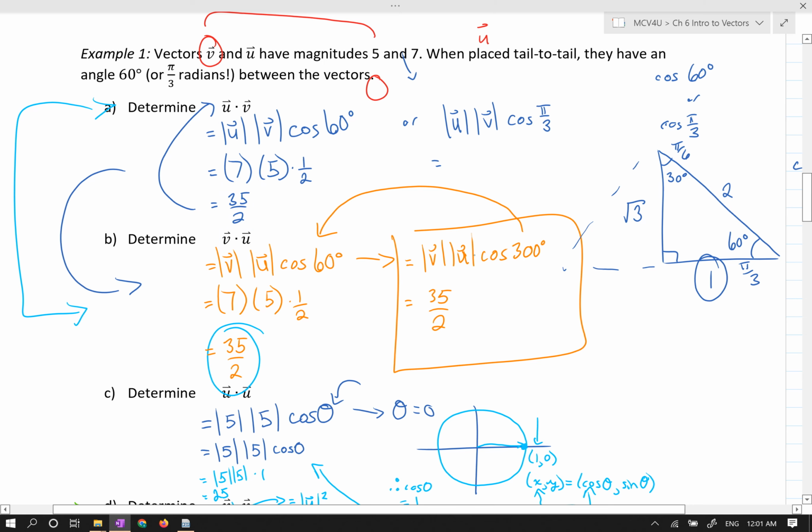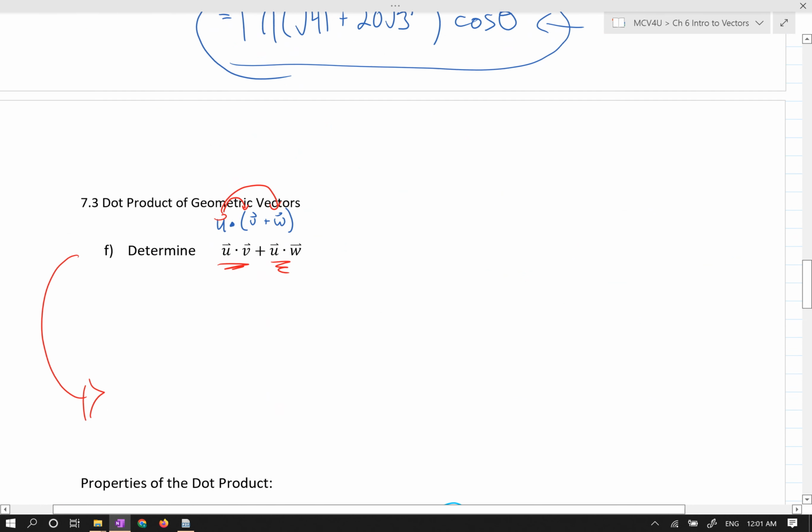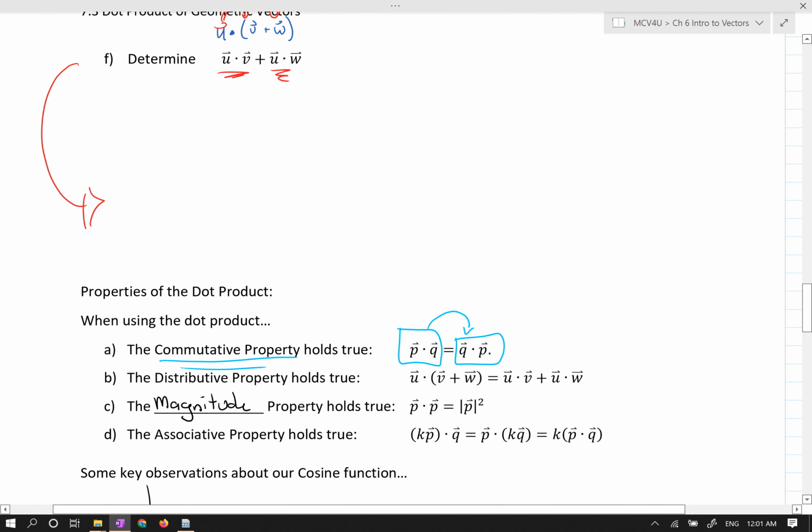Fantastic. So we call that the commutative property. You've seen that before. Our distributive property also holds true. That's one that we're relying on in here when we're working with example 1F.